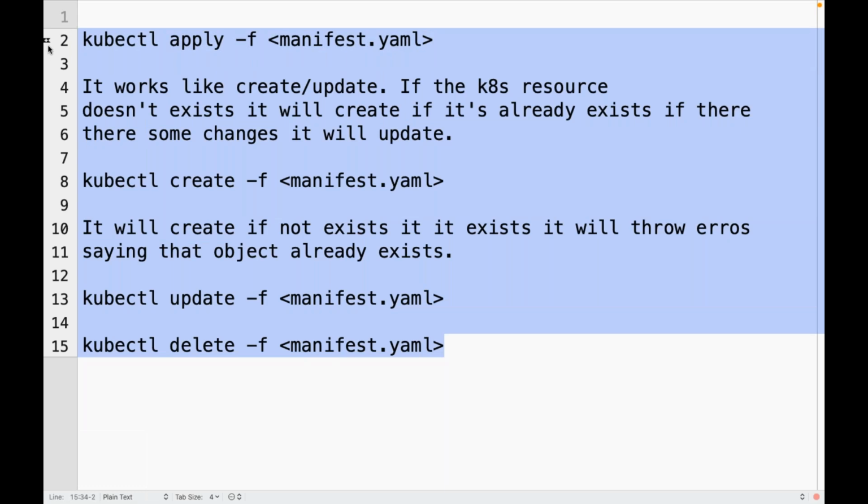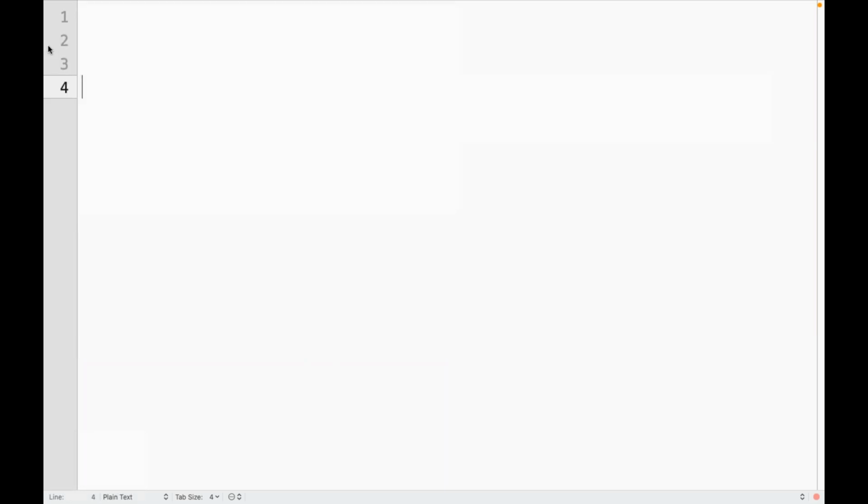Now let's come back to our actual concept. So far, how did we scale these resources? We created an RC, we created an RS, we created a deployment. We can scale up and scale down these resources, right? So far it was manual scaling.